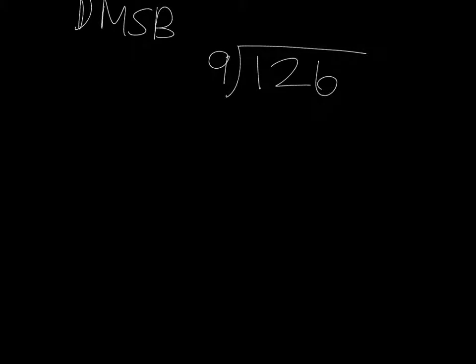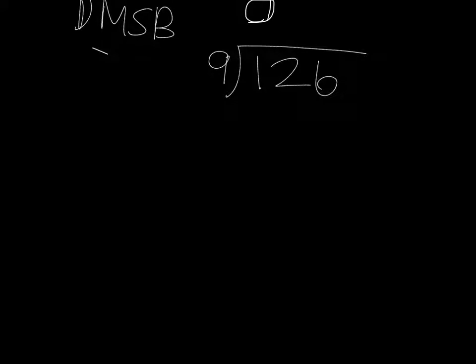Okay. So 9 divided by 1 is 0. So then you put a 0 up. Good. Okay, keep going. And then mother multiply.